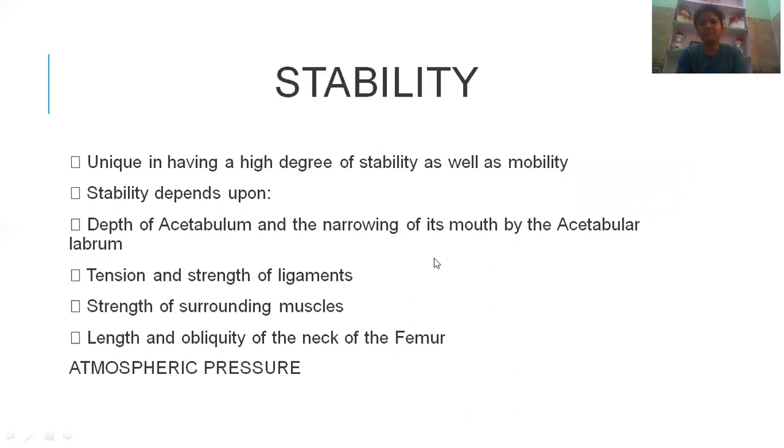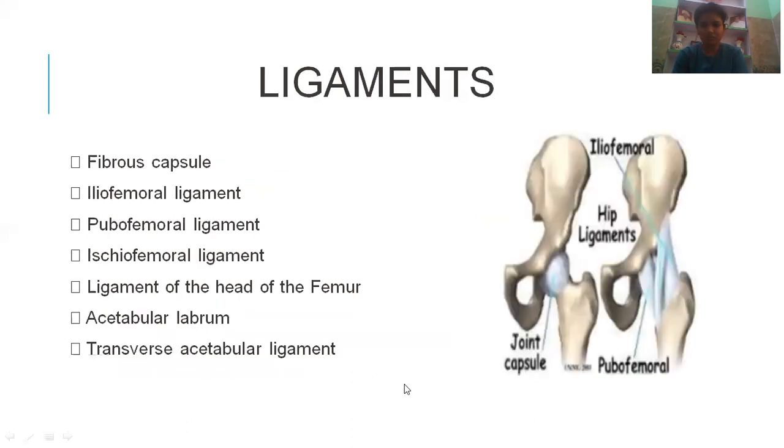And there are numerous ligaments which provide strength to the hip joint. Also the length and obliquity of the neck of the femur. This is the most important feature of the stability of the hip joint because the neck of the femur is obliquely situated, not straight. So it helps in moving the hip joint easily, as well as the atmospheric pressure.